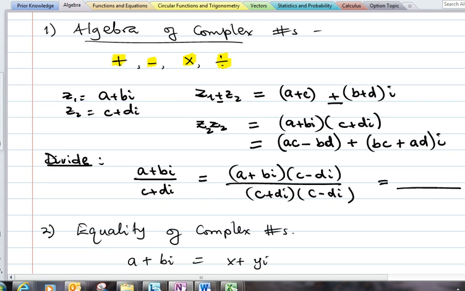That would make a real denominator, and this should become something plus bi, which you can work out what a and b are.